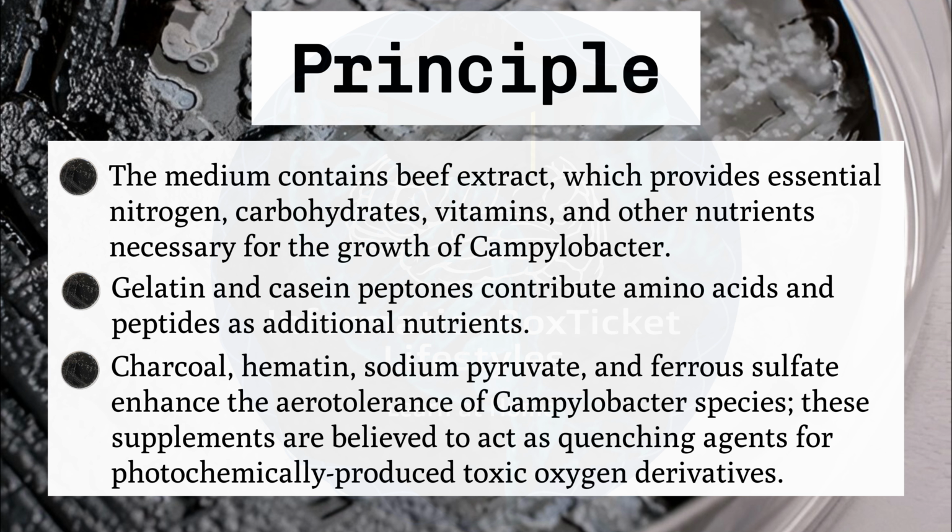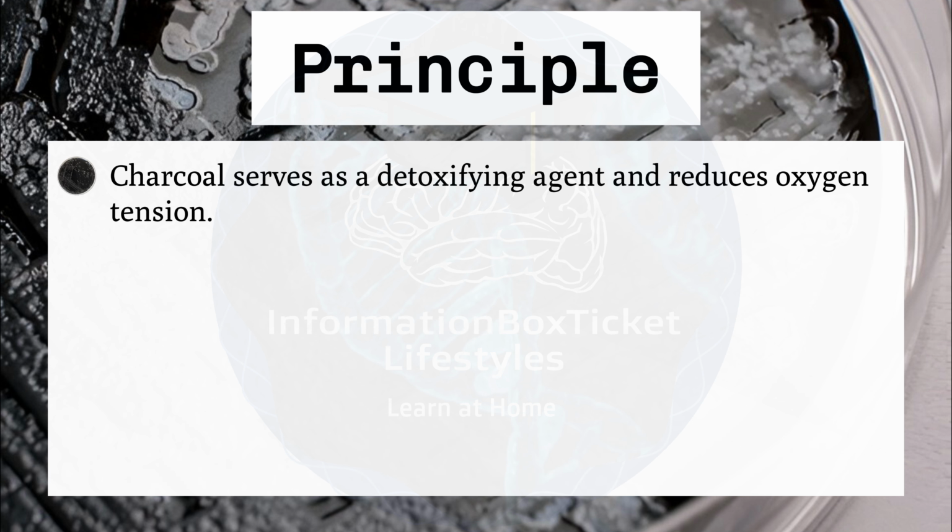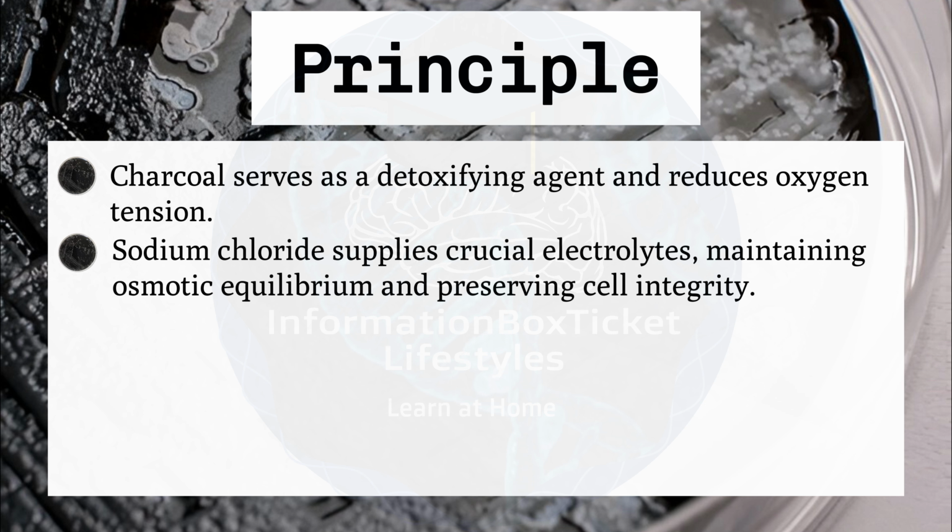Charcoal, hematin, sodium pyruvate, and ferrous sulfate enhance the aerotolerance of Campylobacter species. These supplements are believed to act as quenching agents for photochemically produced toxic oxygen derivatives. Charcoal serves as a detoxifying agent and reduces oxygen tension. Sodium chloride supplies crucial electrolytes, maintaining osmotic equilibrium and preserving cell integrity.